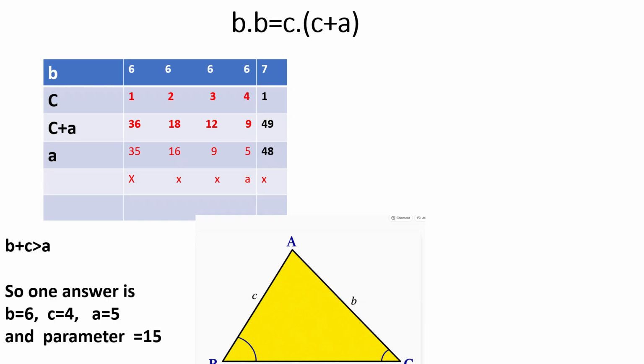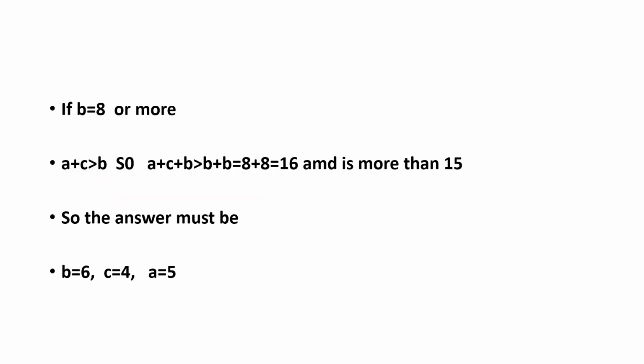Now notice in here, if b equal to 8 or more, then b plus c is greater than b in a triangle, and this tells us that perimeter is not going to be minimum. So the only accepted case is when b equal to 6, c equal to 4, and a equal to 5. So these are the sides of the triangle we are looking for, 4, 5, 6, where the perimeter is minimum and b equal to 2c.